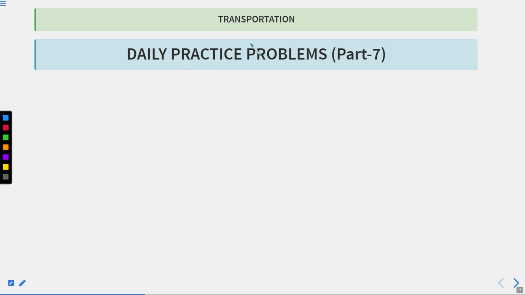From the chapter transportation. So in the previous lecture we have already discussed the transportation in the higher plants as well as the transportation in the humans. We have talked about the transpirational pull theory, also known as the transpirational cohesion theory, when we were talking about the transportation in the plants.